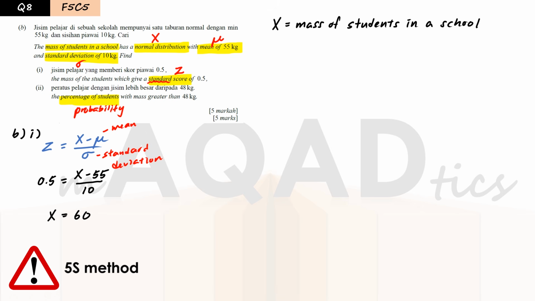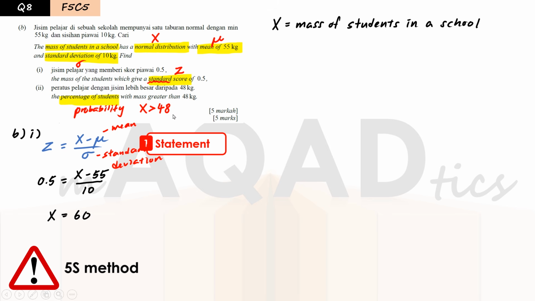The first S is statement, which is the probability statement. So what is the probability that we are trying to find? It is the probability where the student has a mass, and mass is X, greater than 48 kg, as an inequality.